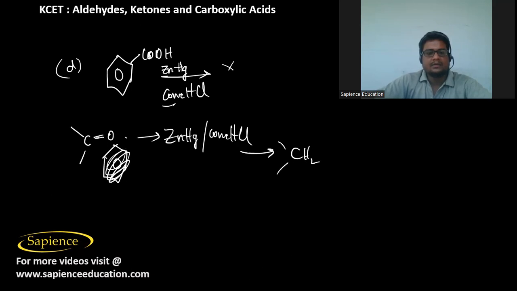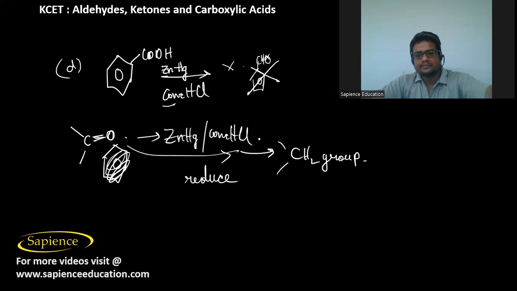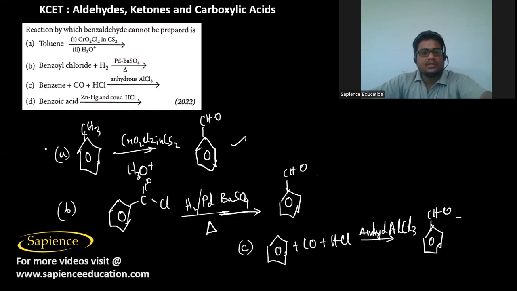The aldehyde or ketone group, it means the C double bond O group, is reduced to the CH2 group. So it can't reduce the carboxylic acid. So hence option D cannot be used to form benzaldehyde. Here benzaldehyde will not be formed. So option D is the correct answer.